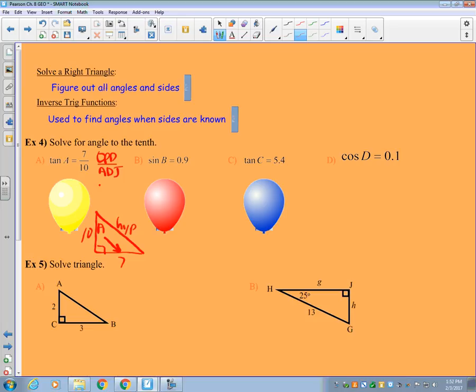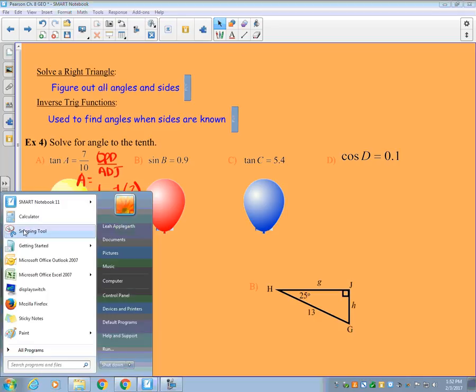Mathematically, we write it as tan inverse of 7/10. So our angle A is equal to tan inverse of 7/10. Let me show you, this is my computer calculator.